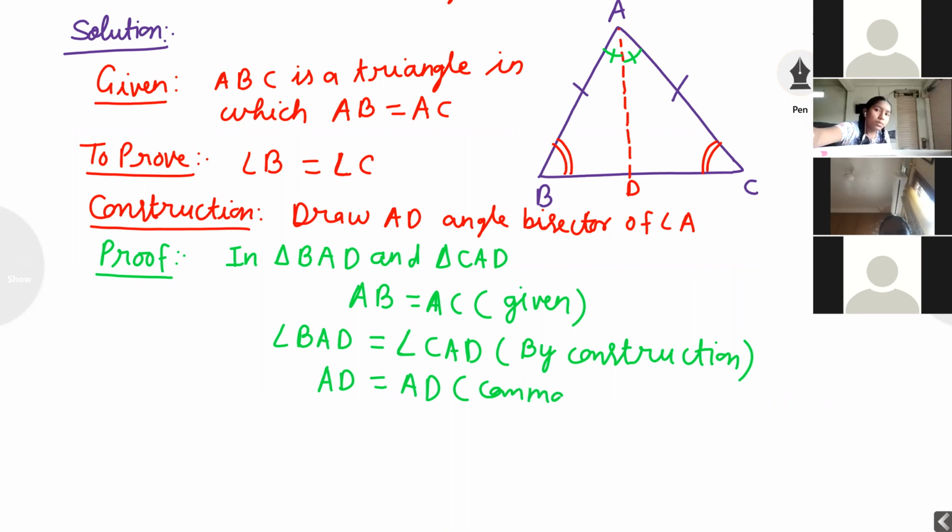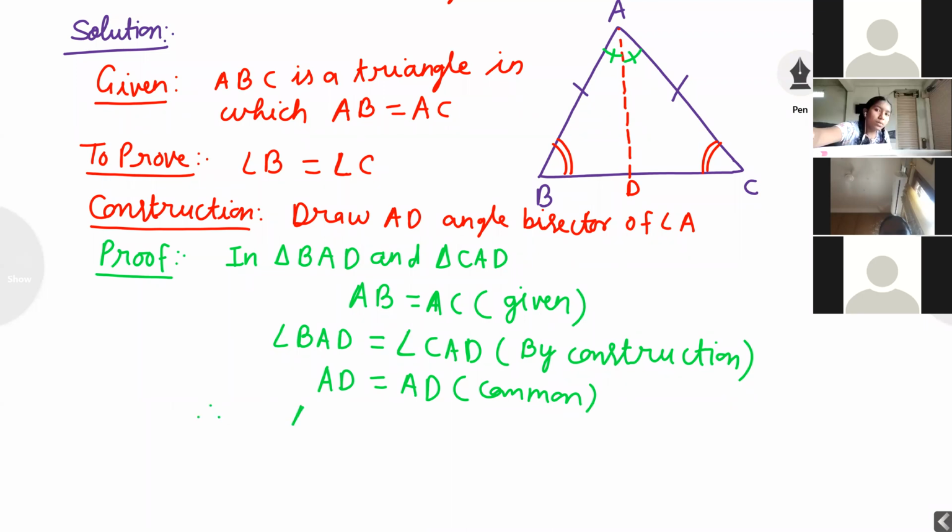Now students, you are observing side, angle, side. By using the SAS congruence rule, I can say triangle BAD is congruent to triangle CAD. If two triangles are congruent, then I can say angle B is equal to angle C by using the CPCT theorem. Very interesting question. Note down.